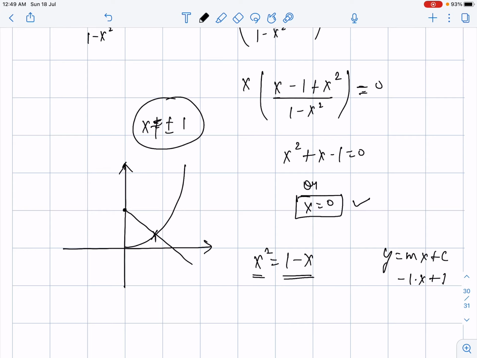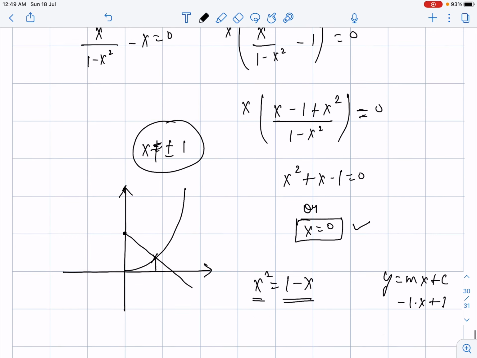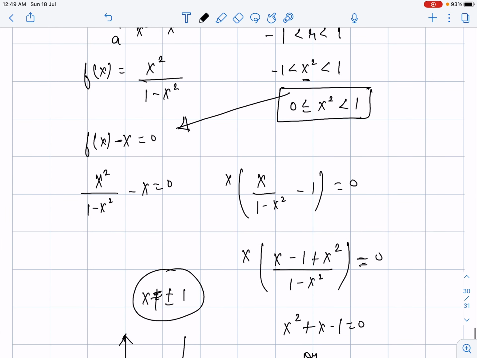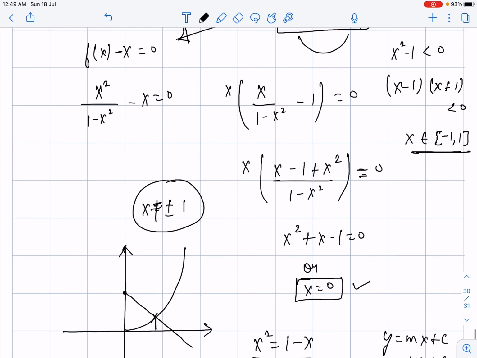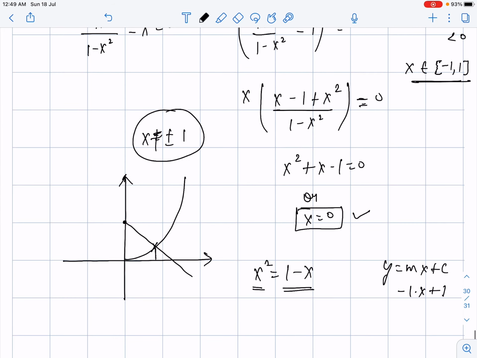Now we have to see whether this value of x^2 should be between 0 and 1. That means x^2 minus 1 should be less than 0, that means (x minus 1)(x plus 1) should be less than 0, so x belongs to minus 1 to plus 1.